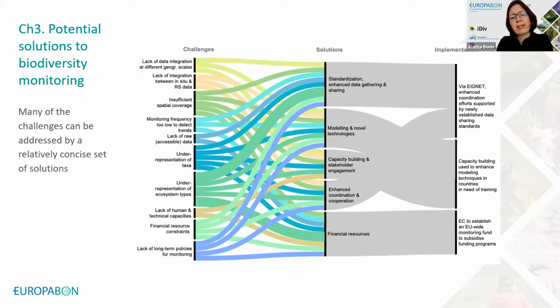Then secondly, capacity building used to enhance modeling and techniques in countries in need of training. And then lastly, the European Commission to establish an EU-wide monitoring fund to subsidize funding programs. And there are five solutions into which we can group those challenges. If you go to the next slide.